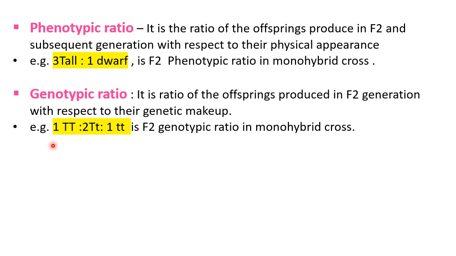So the genotypic ratio obtained in F2 generation after crossing tall pea plant and dwarf pea plant, or monohybrid cross, is 1 as to 2 as to 1. So it is the F2 genotypic ratio in monohybrid cross.